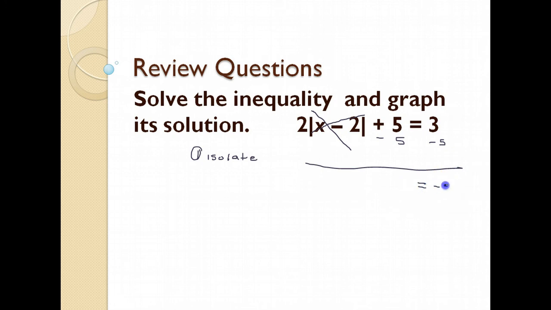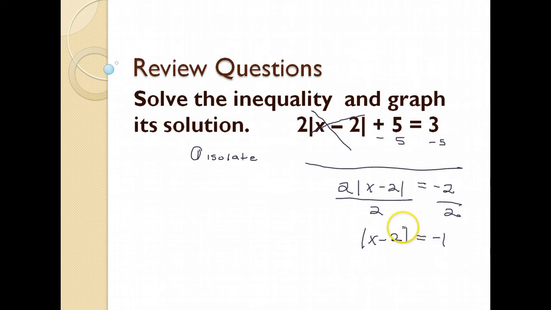And this is negative 2 absolute value x minus 2. And divide both sides by 2. So this is absolute value x minus 2 equals negative 1. Well, we could actually stop right there.